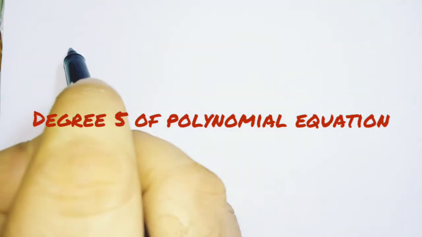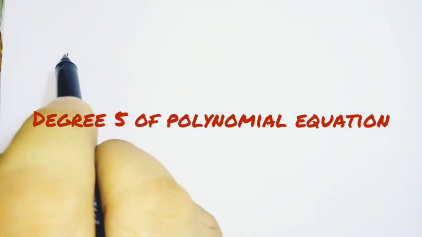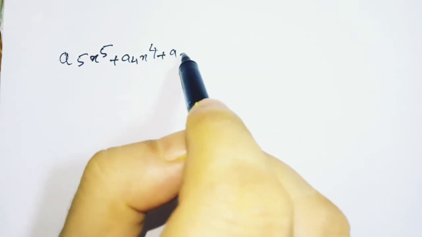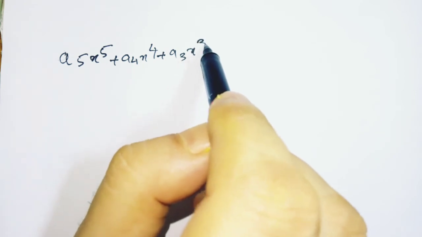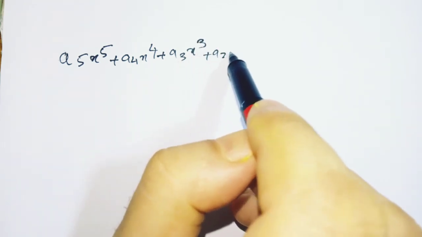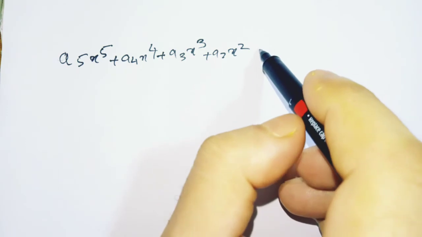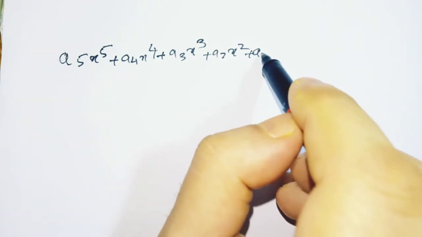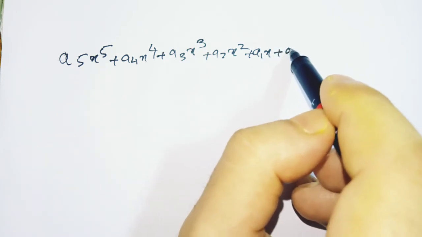If I write down a polynomial equation, we put it as a5x^5 plus a4x^4 plus a3x^3 plus a2x^2 plus a1x plus a0.